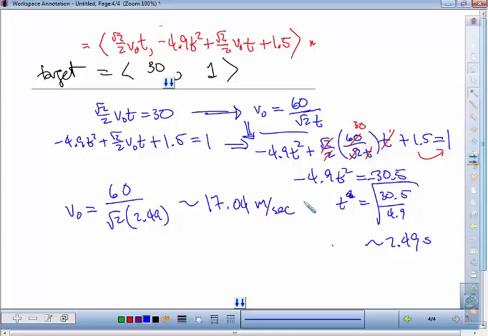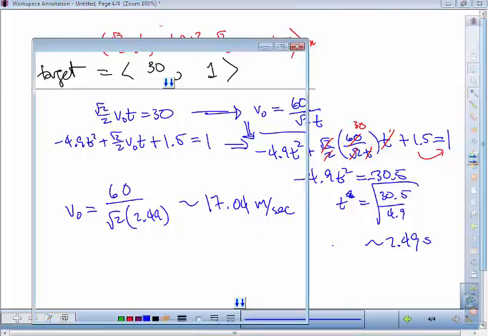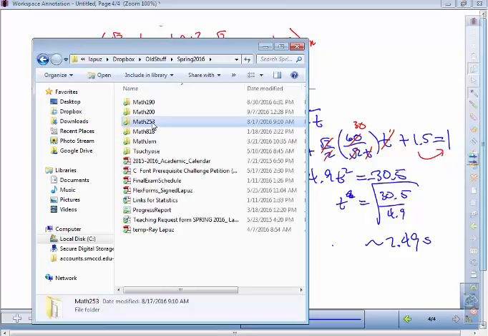So let's do one of those problems. I was going to try to come up with one, but instead I'll just have to use one of the old ones.